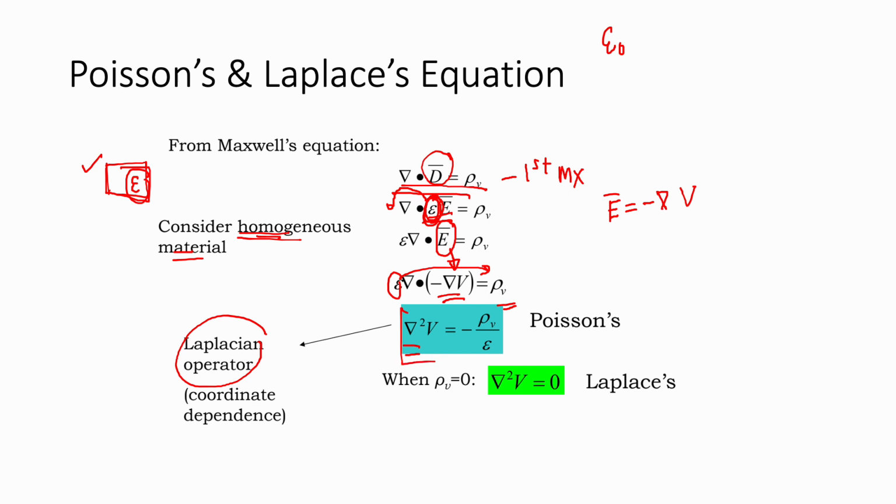This equation is known as Poisson's equation, where that region of material has a charge density rho V.